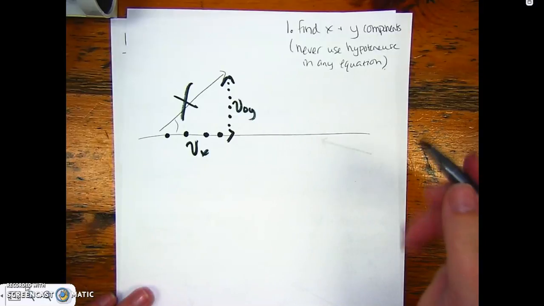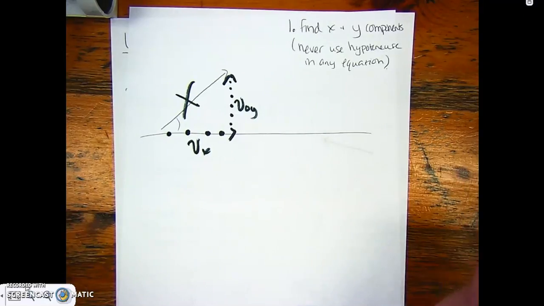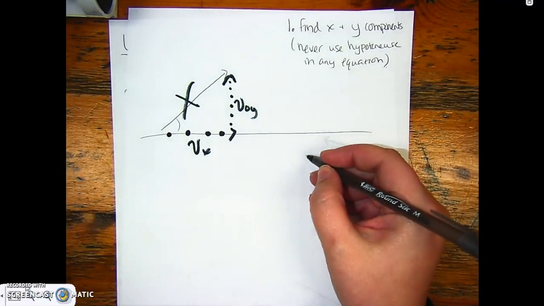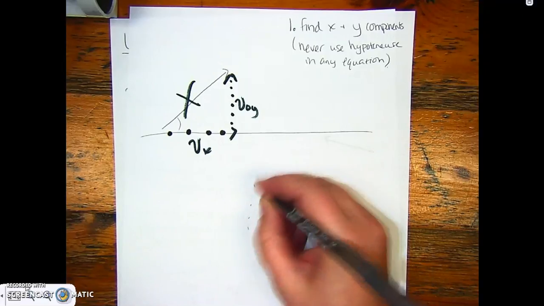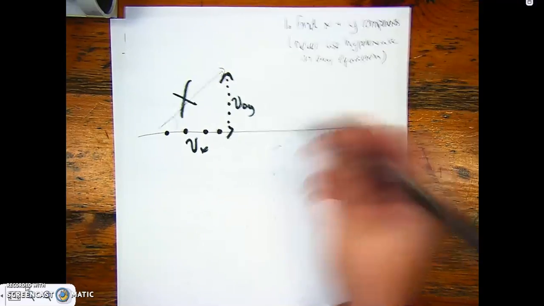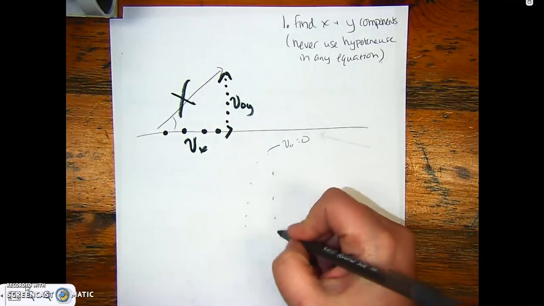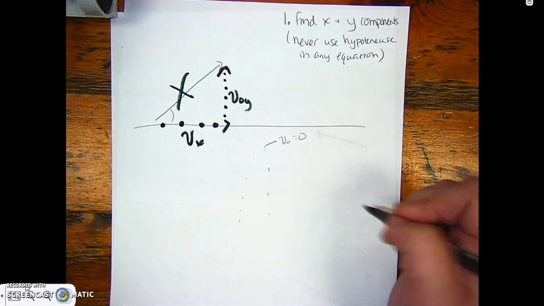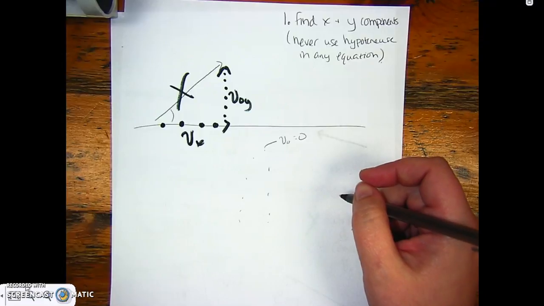Then we move on and treat it like a throwing a ball up in the air problem. In the last video, we said when you throw something up in the air, remember some things. The velocity here is equal to 0. The time up is equal to the time down. We know acceleration is equal to -10.